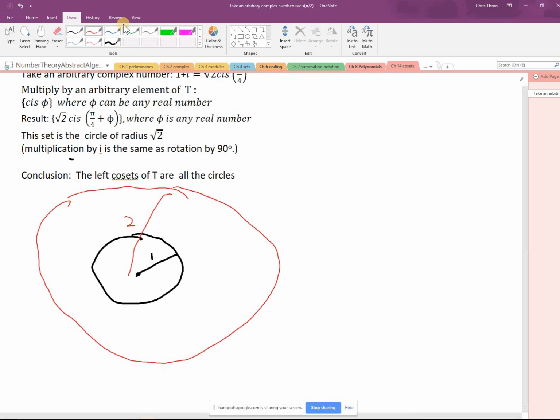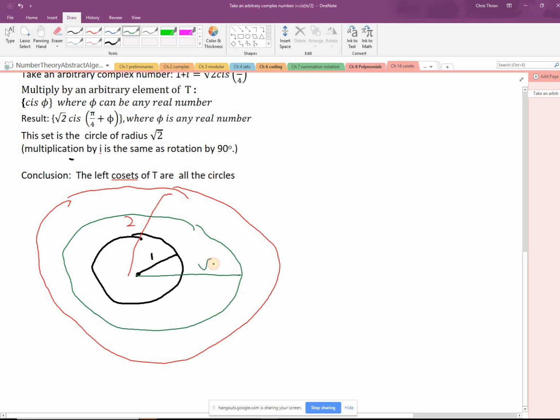And then we had another coset with circle radius square root of 2, which is here. All right. So, for instance, is this a coset? I mean, it's a circle, right? Is this a coset?